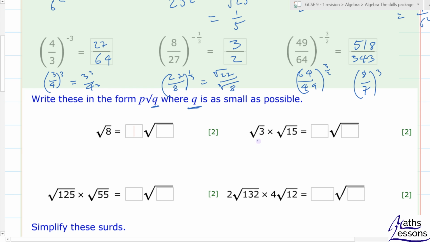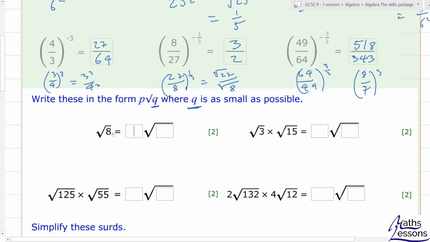Go through that, then we'll do this. So we'll do them one by one.